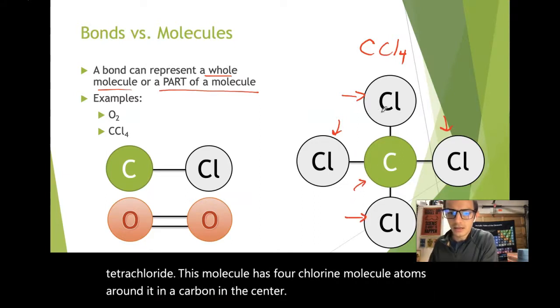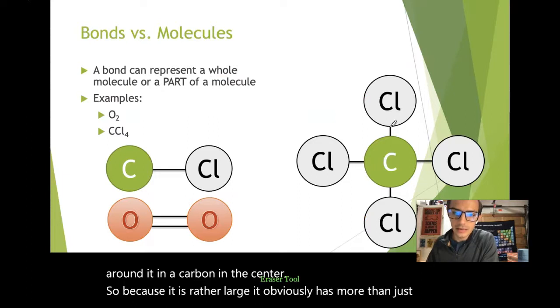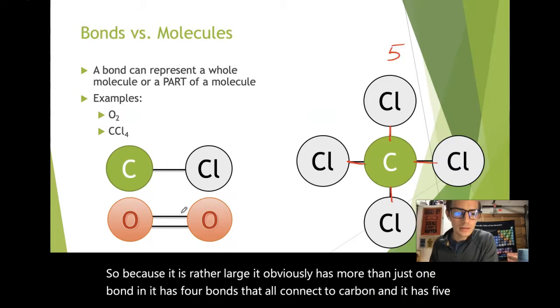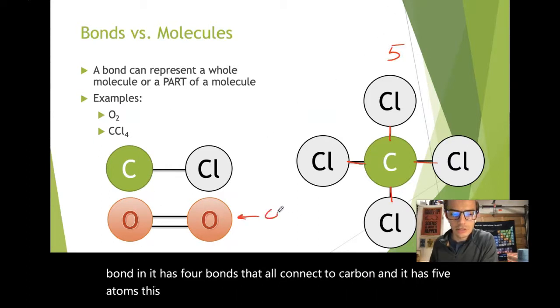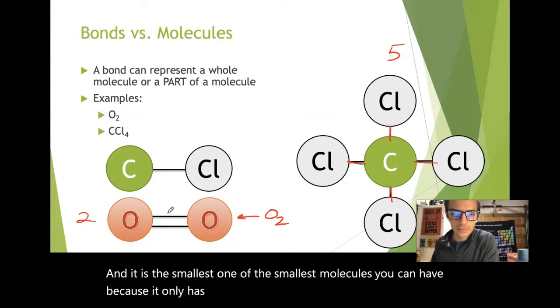Because it is rather large, it obviously has more than just one bond in it. It has 4 bonds that all connect to carbon, and it has 5 atoms. This molecule down here is oxygen, and it is one of the smallest molecules you can have because it only has 2 atoms in it.